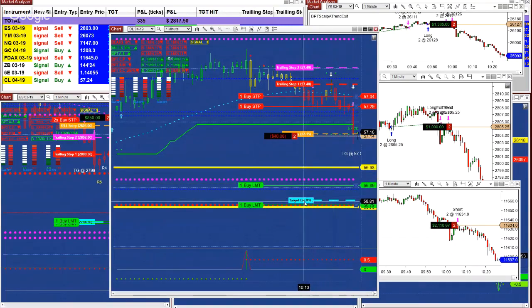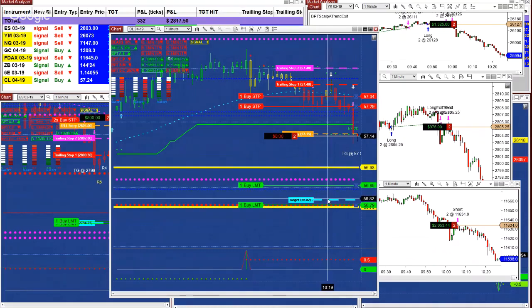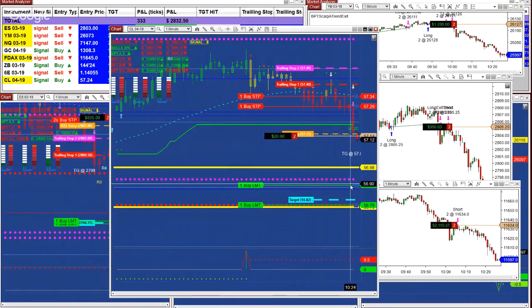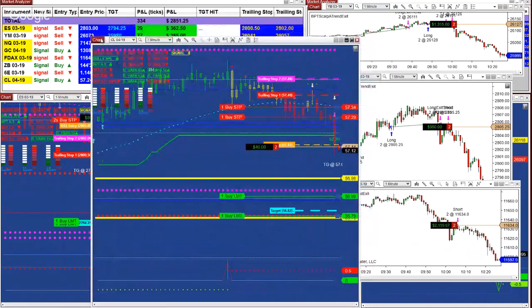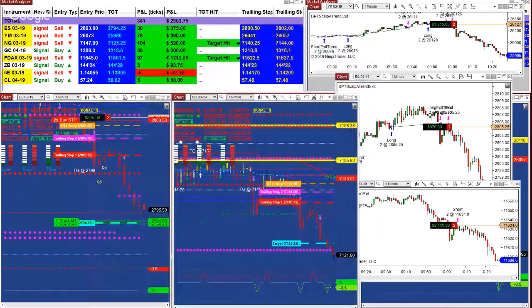But before you get to your target, 56.81, we have a major support at 56.92 plus double support at 56.98. So this is not going to be a smooth ride to the target. You're going to have a couple of bumpers on the way, and there we go. We are hitting it.